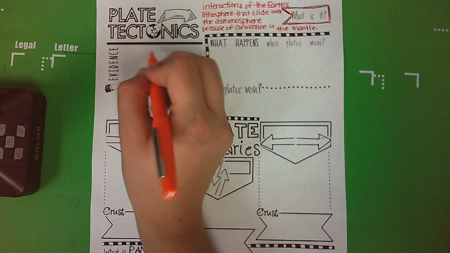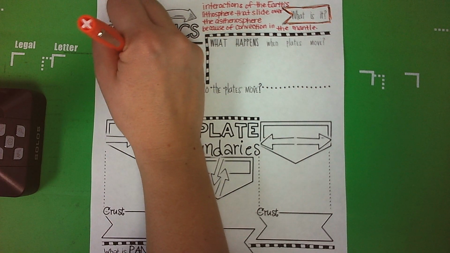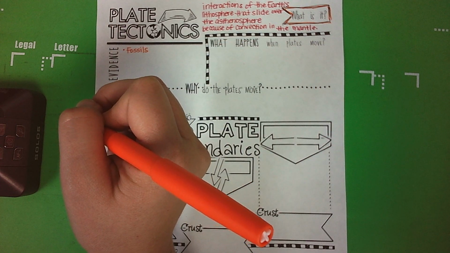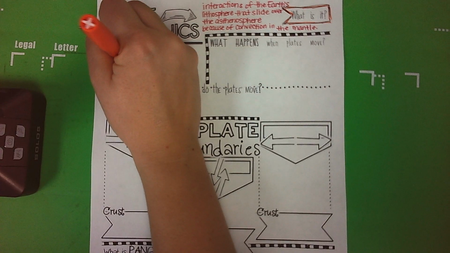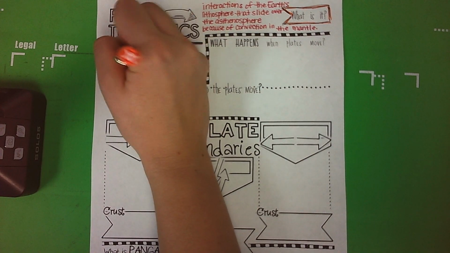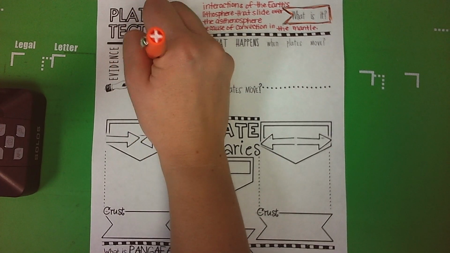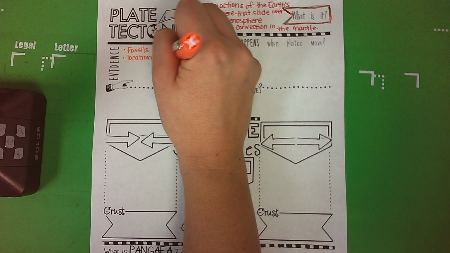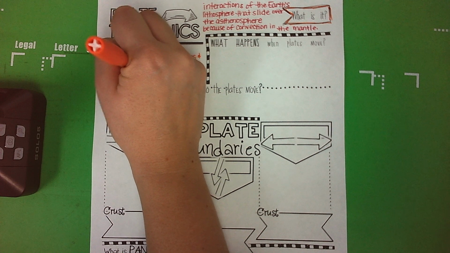Okay? So over here in this section we're going to talk about the evidence. I'm just going to do some bullet points, okay? So fossils have shown that Pangea occurred, remember, so that all of the land pieces were at one point connected. Okay, we also know that plate tectonics shows locations of volcanoes and earthquakes.